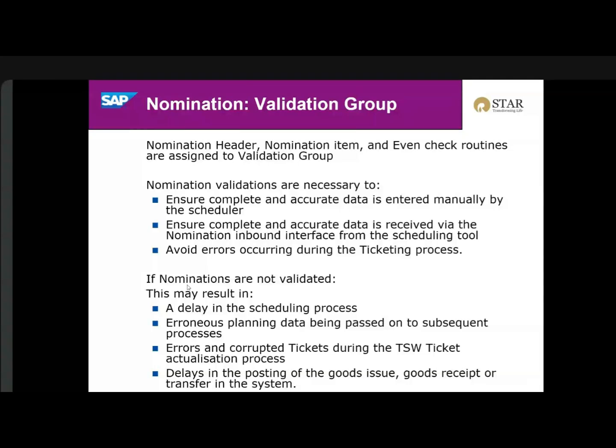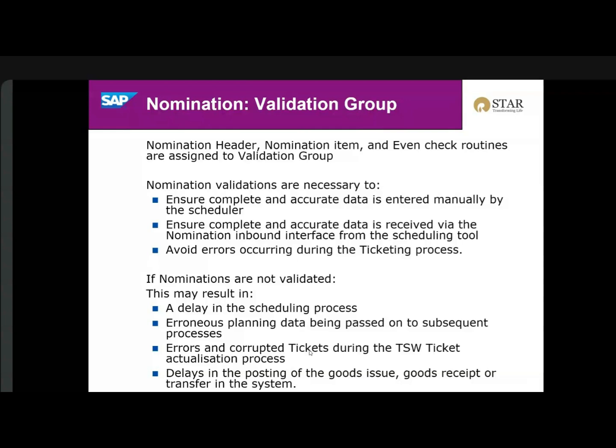If nominations are not validated, there can be a delay in the scheduling process, erroneous planning data, erroneous corrupted tickets. See what happens when you encounter an error in doing the ticketing: there is a long process. All the documents created have to be reversed. Then again we have to correct the nomination, then again do the ticketing.